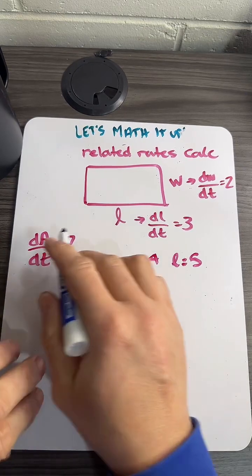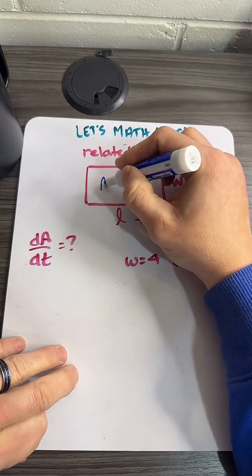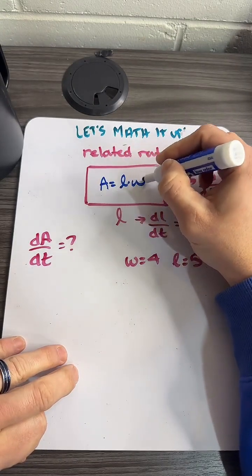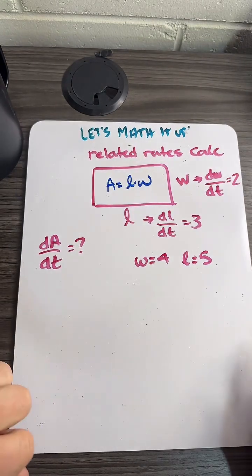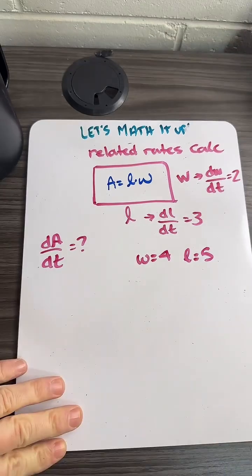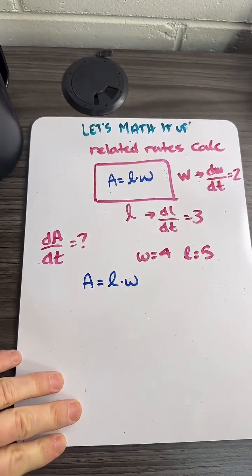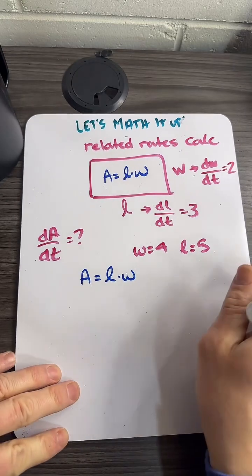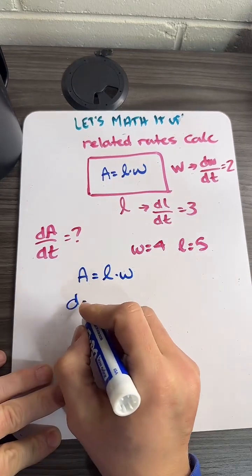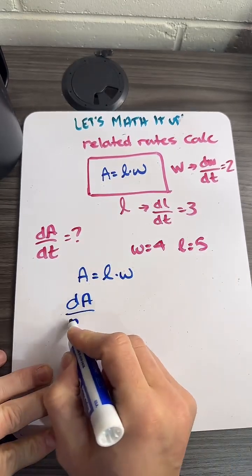All right. So I got to find the area formula, which is just length times width. Okay. So I'm going to go ahead and I'm just going to write that, and I'm going to take the derivative of it with respect to time. Okay, with respect to time. So I've got dA/dt.